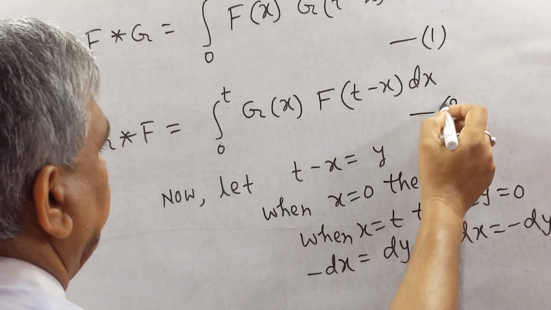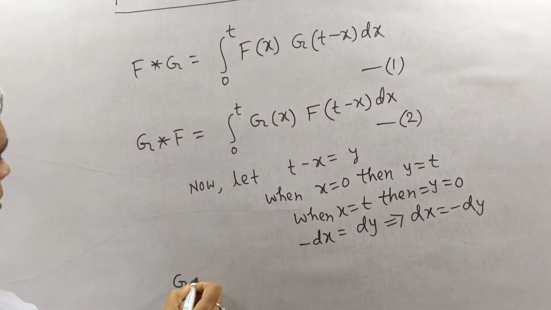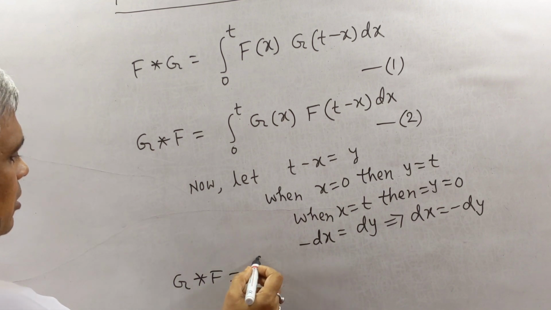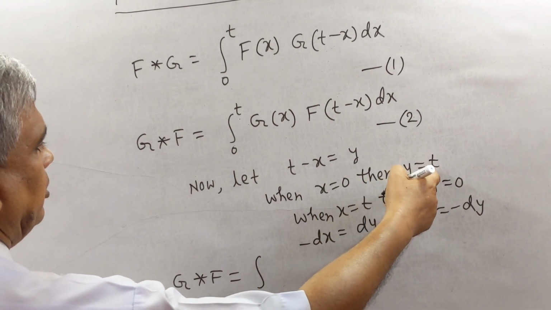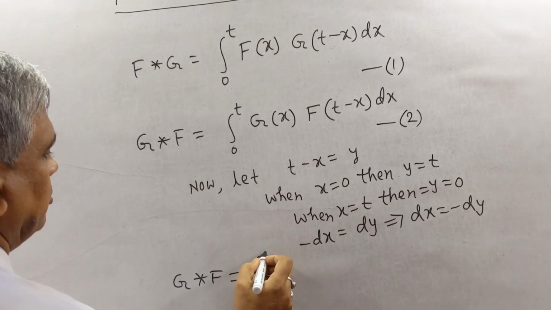Now from 2, g star f equal to, our limit is y equal to t and y equal to 0.